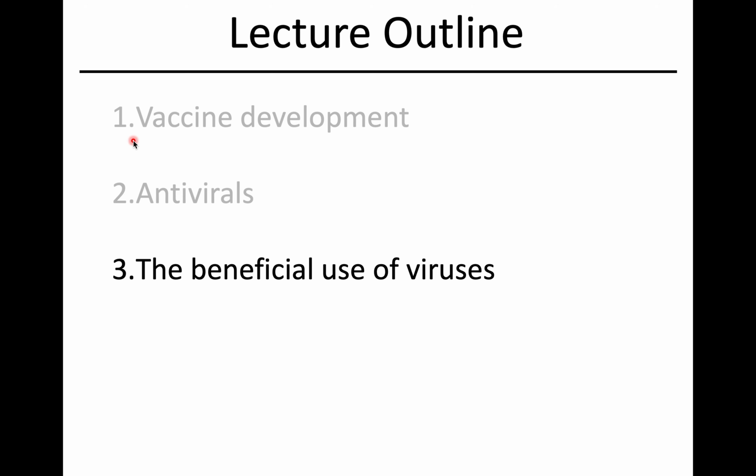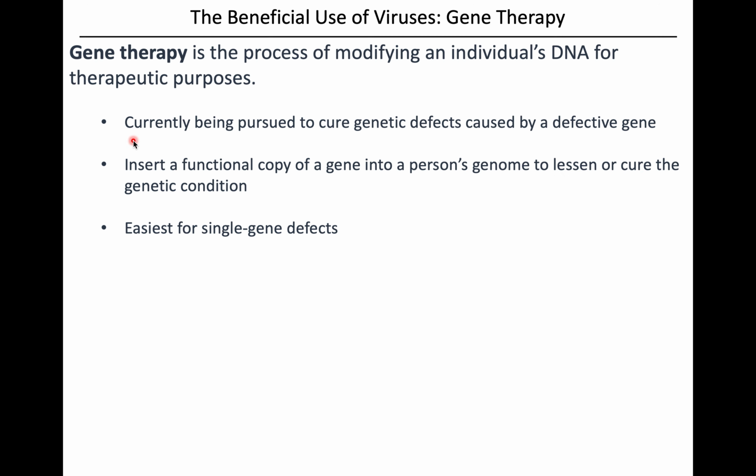Okay, so let's finish this chapter out by talking about some ways that viruses can actually be used in modern medicine for other purposes. And the first purpose I want to talk about is what's called gene therapy. The whole idea with gene therapy is to try to modify an individual's DNA, replace or correct a mutated defective gene that may be associated with disease.